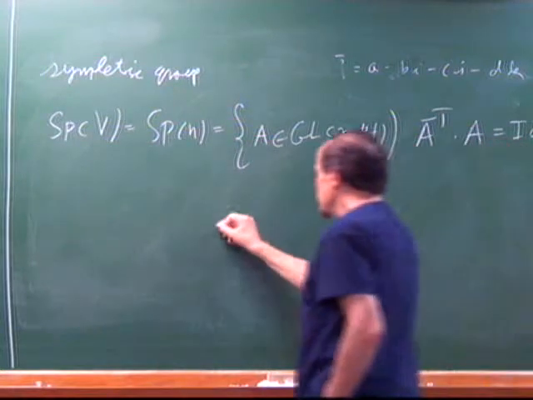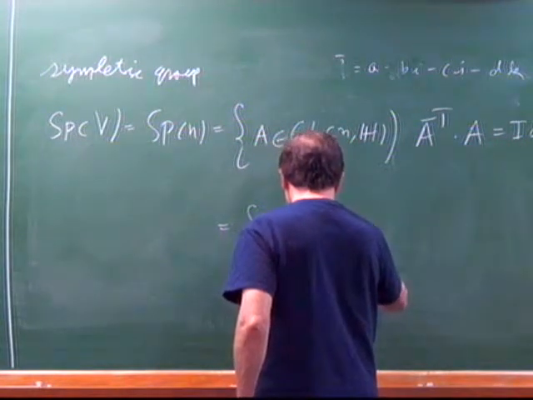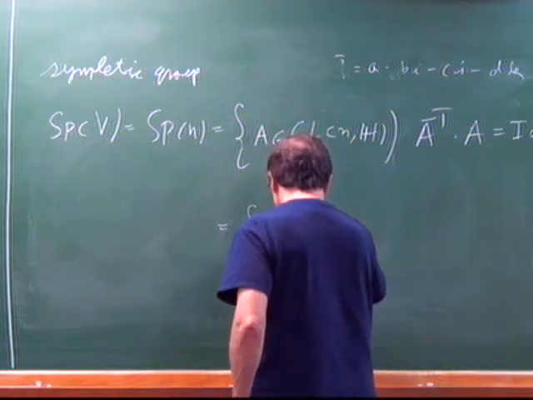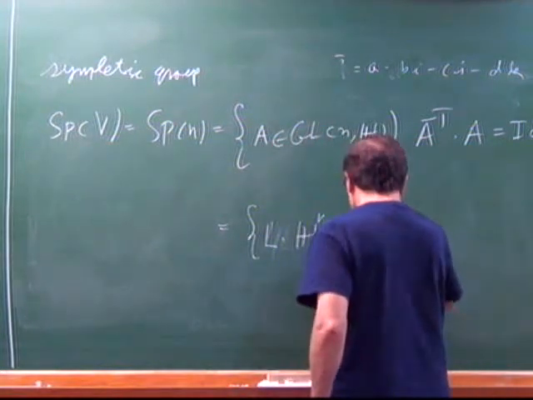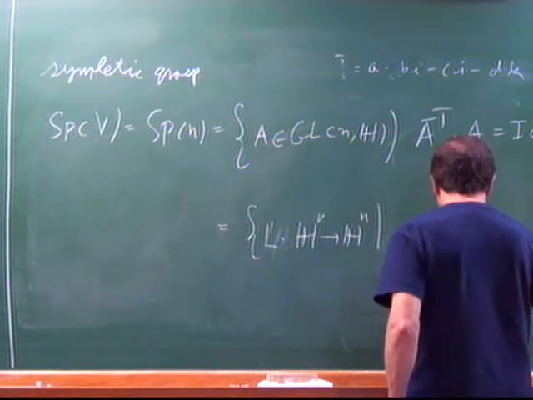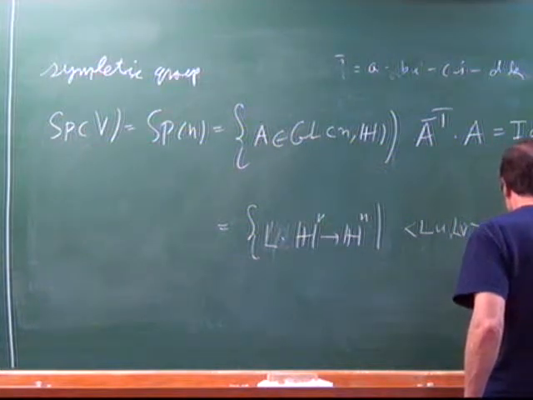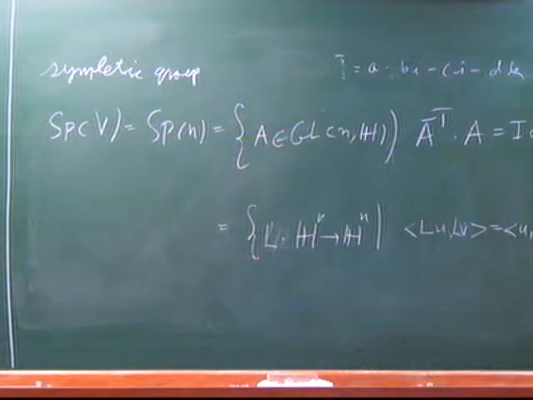And that's the same thing as all linear maps L from Hn to Hn which preserve the inner product. Well, this here is a quaternionic inner product.